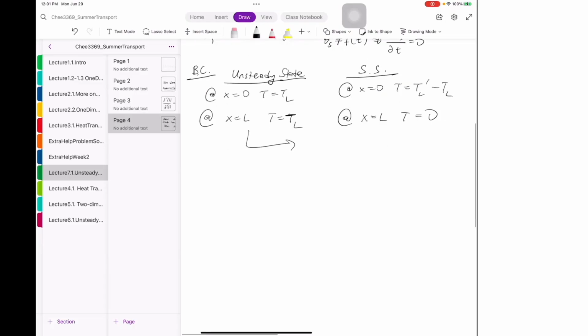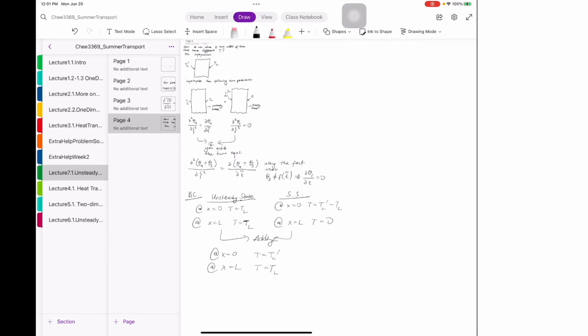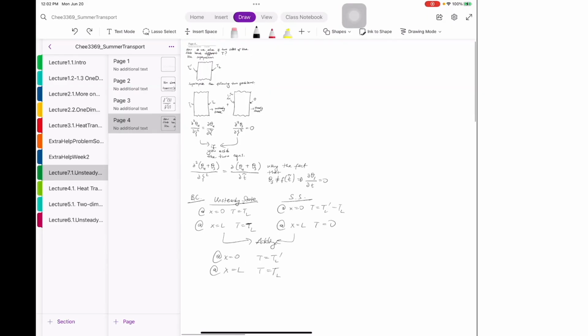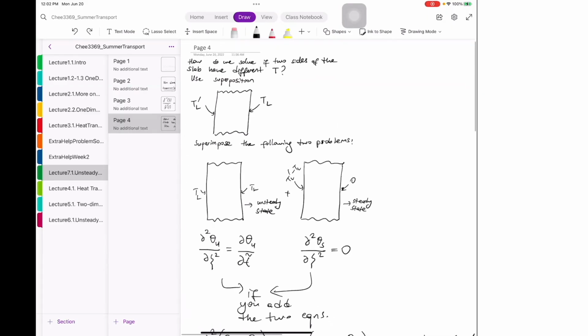And if you add the two, at x is equal to 0, you get T is equal to TL prime. You recover the original boundary conditions, and at x is equal to L, T is equal to TL. There you go. So if you solve it for the two problems separately, then add the two functions, you get the solution for the original problem, which is this one with different boundary temperatures.